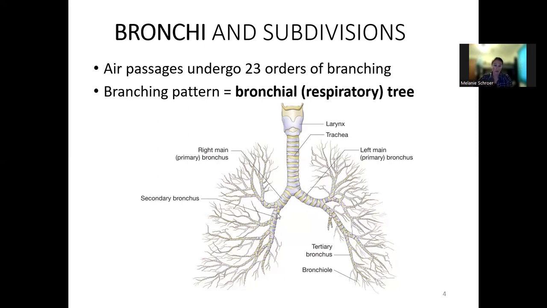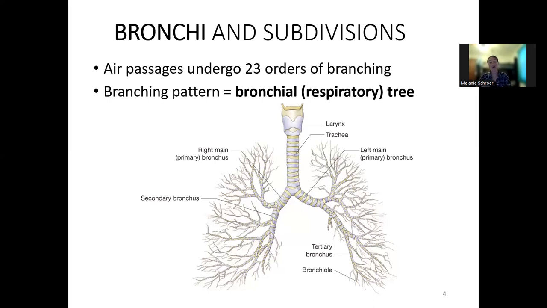Secondary bronchi, or this is a secondary bronchus for singular, and tertiary bronchus or bronchi for plural, and so on and so forth. In this class, we're only really going to be focusing and naming the first three orders of branching. Now, if we zoom all the way to the very end, we call these airways bronchioles or bronchioles, depending on who you are. Both are okay for me as long as you can spell it.